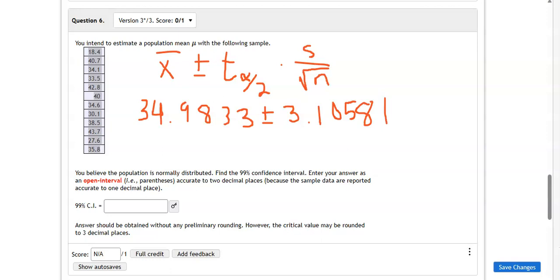Sorry, my dogs are making noise in the background. The standard deviation that we got was 7.163396. Now you'll notice that I'm keeping all of the decimal places, and I will till the very end. And that goes over the square root of the 12 in our samples.